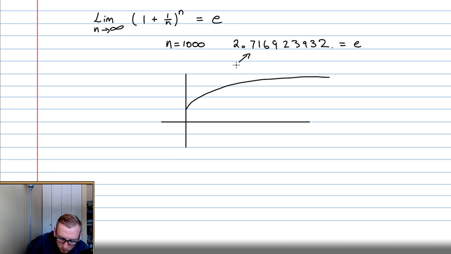And it's getting gradually closer to this value here, which is e. And if I can draw my line a little better, getting gradually closer. It doesn't quite touch because e is an irrational number.